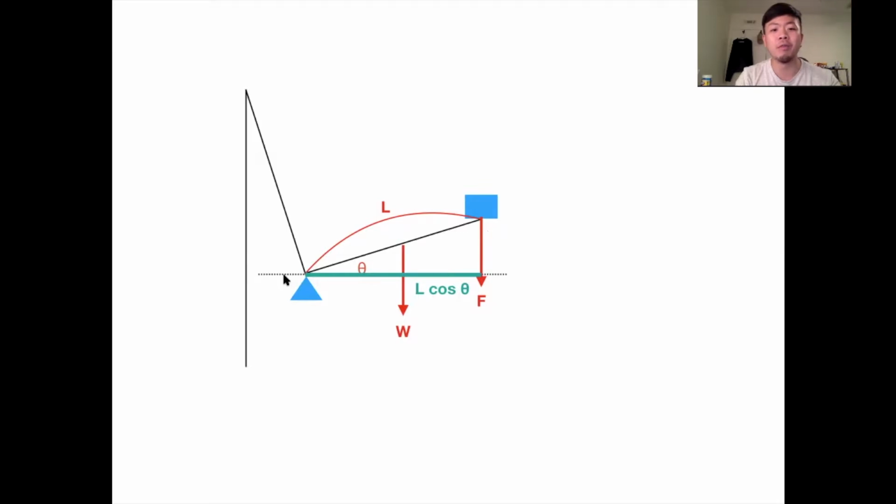How about the moment arm for the weight of the forearm? It's the same, right? It's shorter than L cosine theta, probably half of it. Also perpendicular and crossing the axis of rotation. And this green line, using some trigonometry, we'll figure out it's L times cosine theta, right?